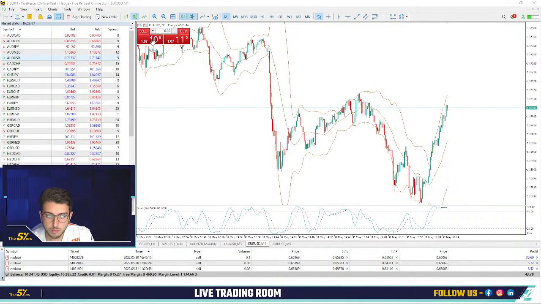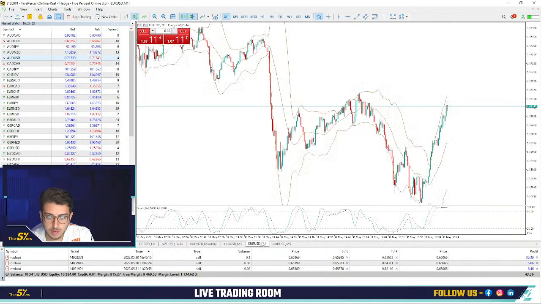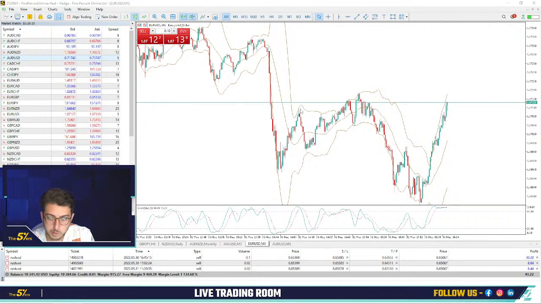Yes, this might be a good spot to start scaling in. Just want to be sure. You see there is at least no pushing down the price.